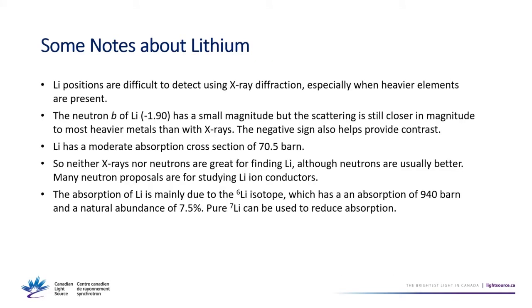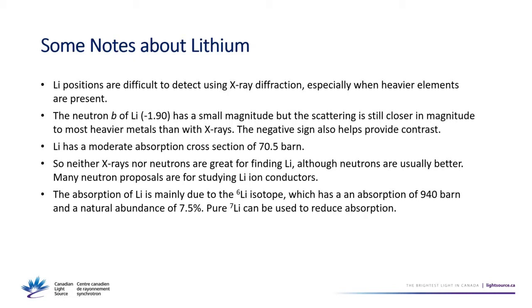Lithium is another element that people often use neutron diffraction for. It's also one that's both good and bad with neutrons. It has a negative scattering length, and the magnitude of it is a bit on the small side. This is not great because it's kind of hard to see with both X-rays and neutrons. So you're a little bit out of luck, though usually neutrons are a bit more sensitive than X-rays to it.